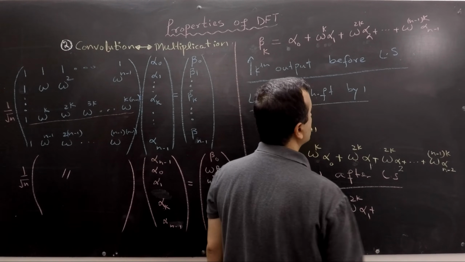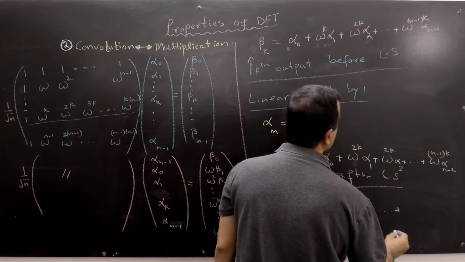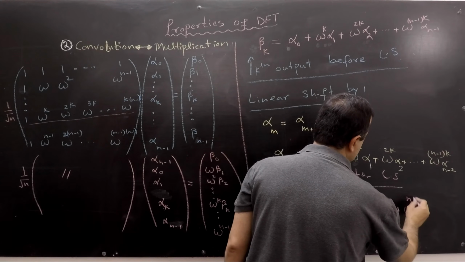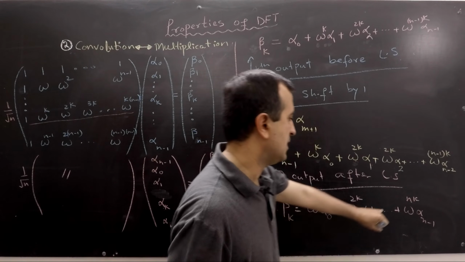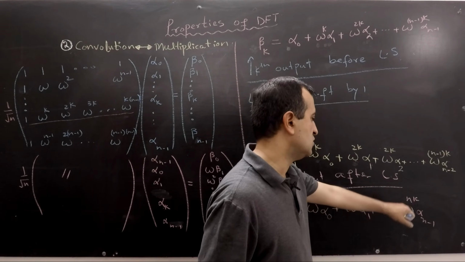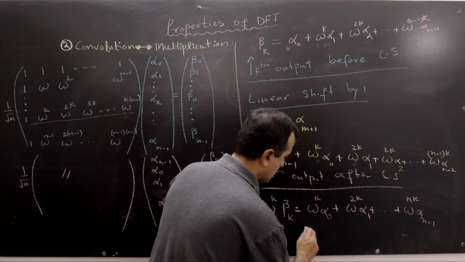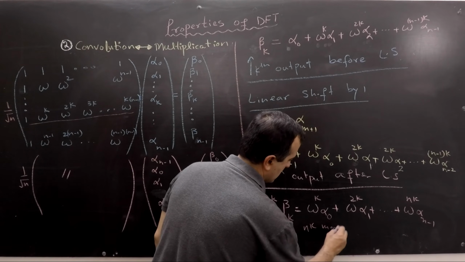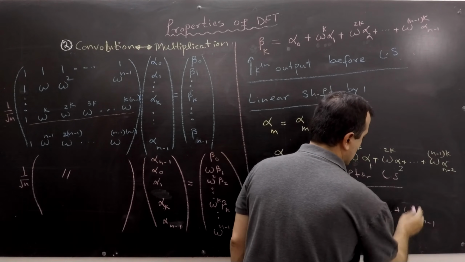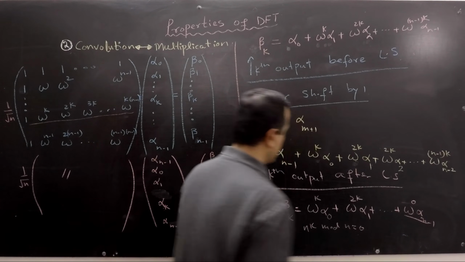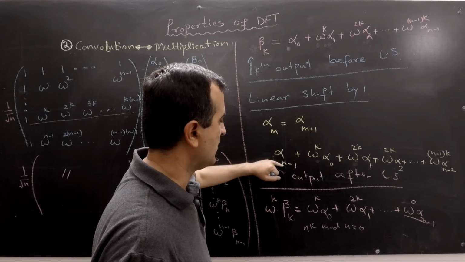Similarly, when I multiply my last entry with omega k, it will be equal to omega raised to power nk times alpha n minus 1, and omega raised to power nk is equal to omega raised to power 0, because nk mod n is equal to 0. Therefore we have here omega raised to power 0, and this is basically my first entry, because omega raised to power 0 is 1, so my first entry is going to be alpha n minus 1.